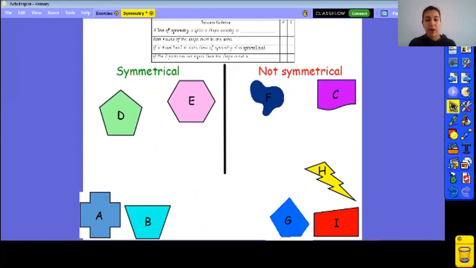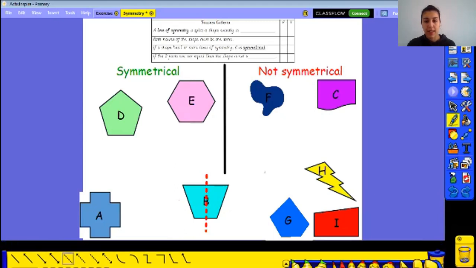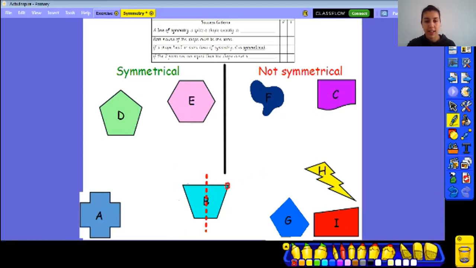What about our quadrilateral here? Well, it does have some long sides and some short sides. So if I split it this way, that would not be symmetrical because these points would not match up. However, if I try to split it vertically like this, then I can see that this vertex and this vertex are the same distance away from that mirror line.